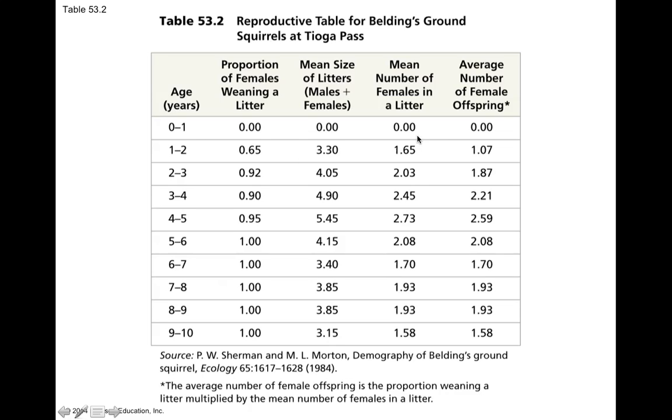They don't reproduce. At 1 to 2 years, many of the females are old enough to produce a litter, but their litters tend to be smaller. And being interested in the reproductive capability of that litter, we want to know how many females are in the litter.